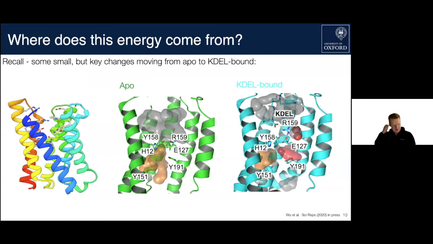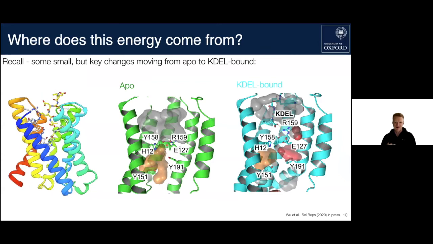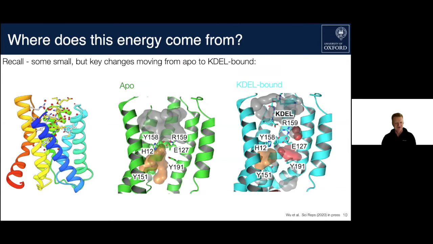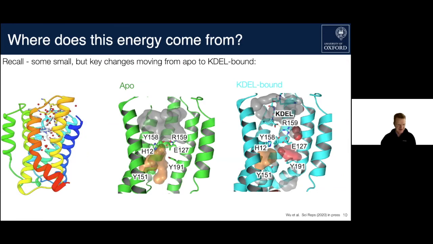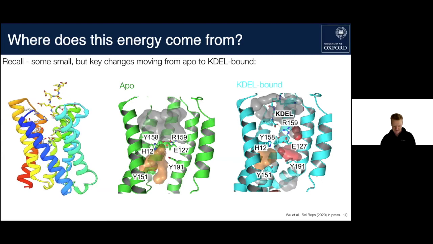So that's nice, but that tells us something about the energetics, but where does that energy come from? If you remember, I showed you a movie of some of the conformational changes that happen, and mostly focused on the H7, which is that red helix moving outwards. But actually, if you look inside the protein, there are also some quite significant changes. In the apo state, these gray and orange blobs are the volume of the pockets that exist inside the receptor.